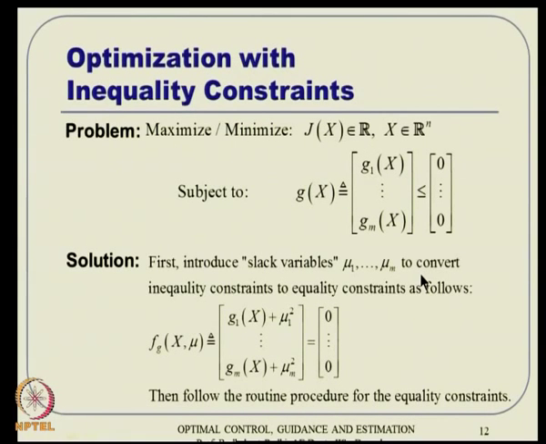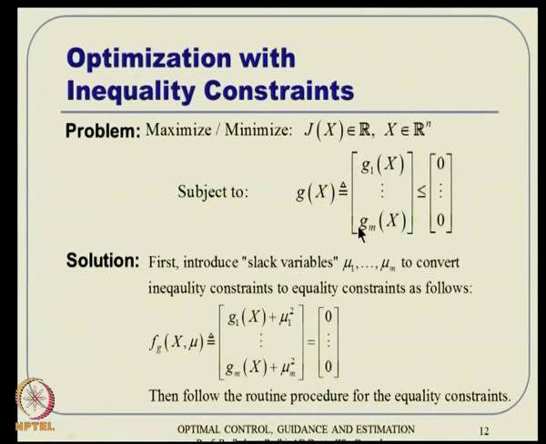Alright. Next we followed up with inequality constraints. We had the same problem, with the cost function still a scalar, but now subject to m inequality conditions. In general it can be less than or equal to 0, but even if it is positive, you can flip the sign and put everything as less than or equal to 0.